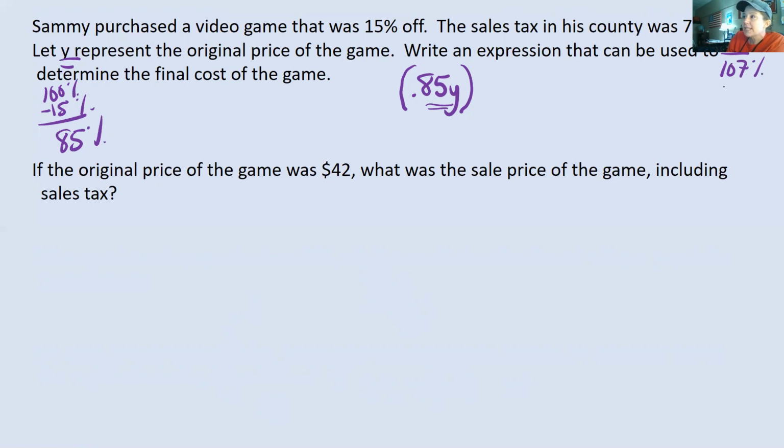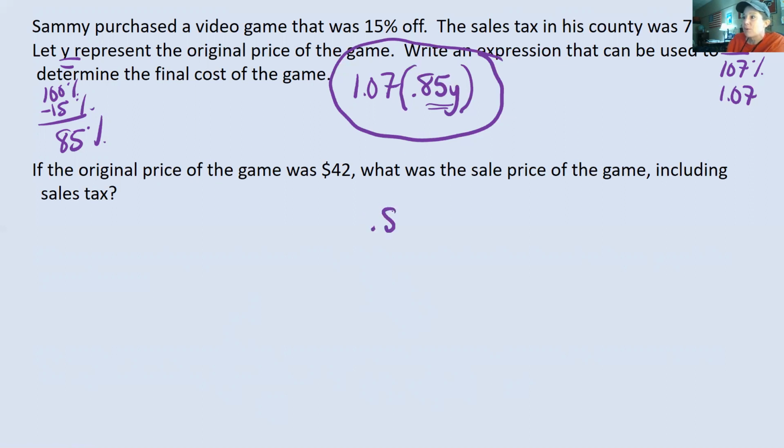And 107% as a decimal is 1.07. This is the expression we're going to use to find the cost of the game on sale with sales tax. And then the second question says, what if the original price was $42?